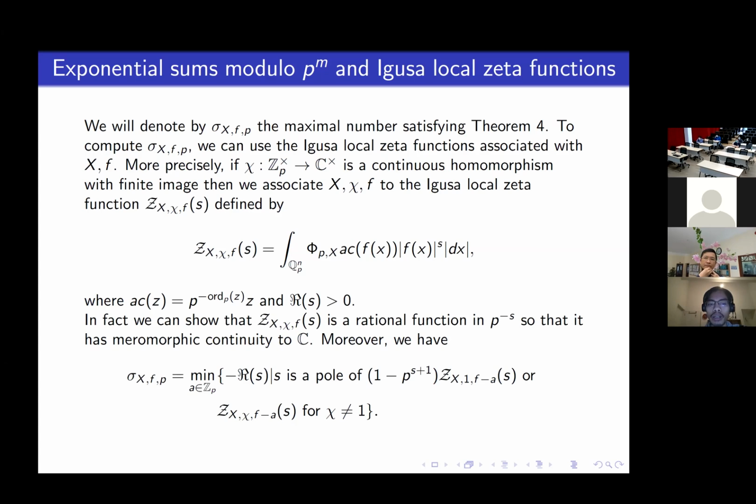So it has a meromorphic continuation to C. And using this Igusa zeta function, we can show that sigma_{X,f,p} equals the minimum, taken over a in Z_p, of the element minus the real part of the pole, where the pole order is that of the function 1 minus p to the power s plus 1 times the zeta function with chi equal to 1, or the pole of the zeta function with chi different from 1.